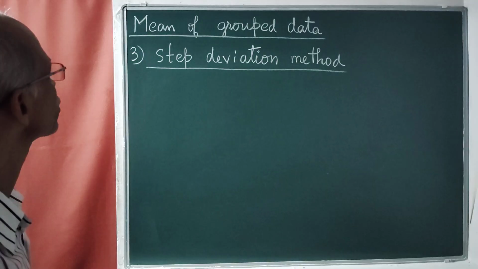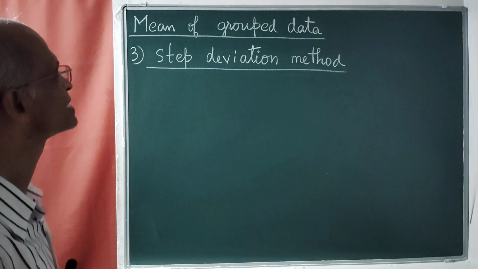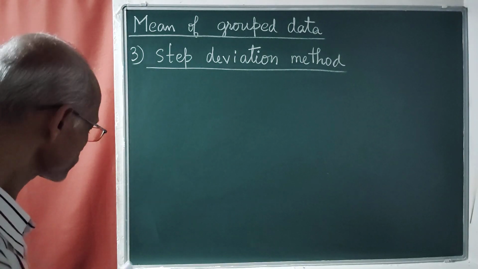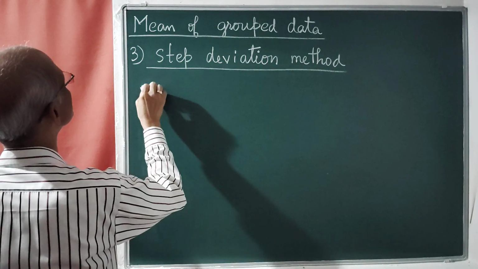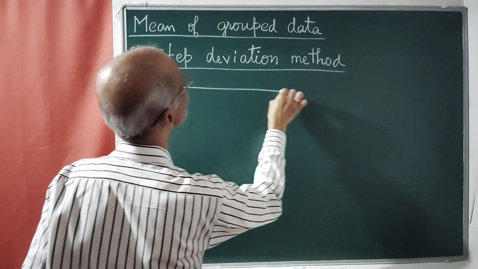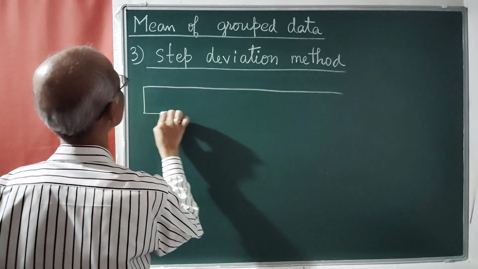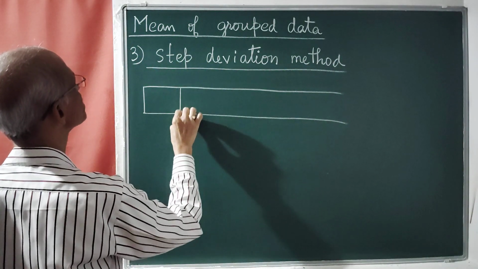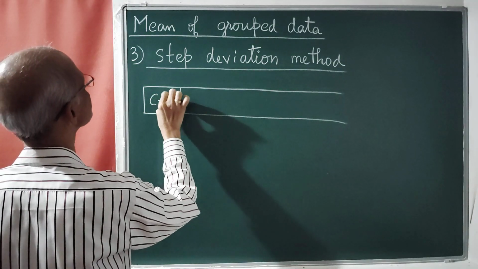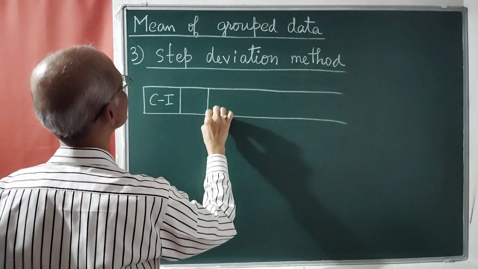Next we'll see how to find the mean by using the step deviation method. In this method, we'll see the different columns in the first row. The first column is Ci's, the class intervals column. Next Fi's.